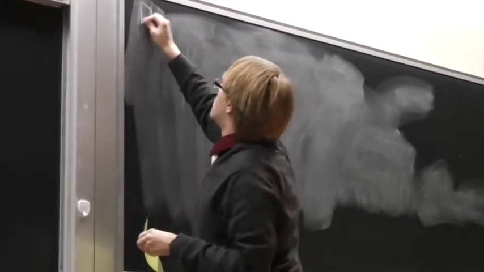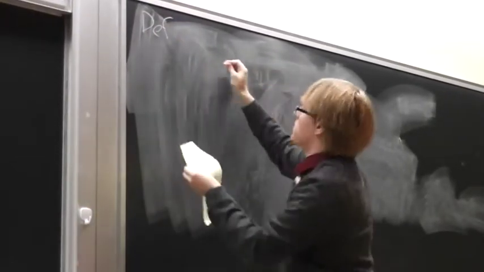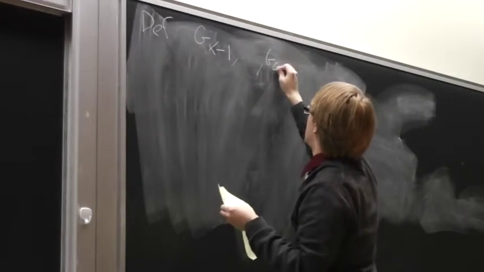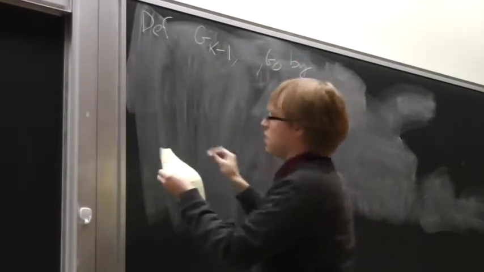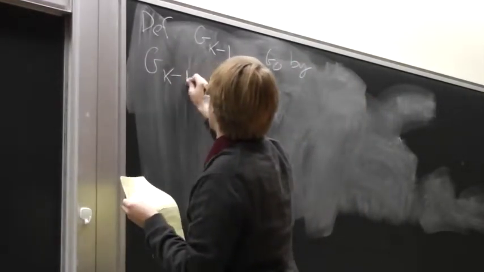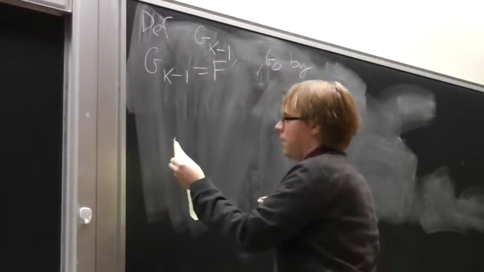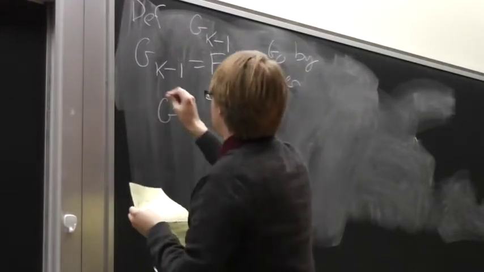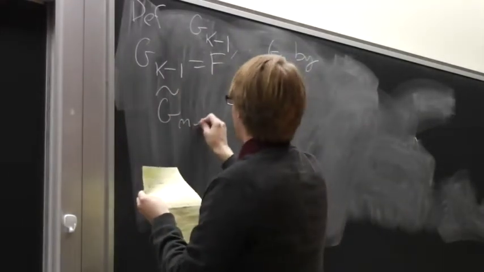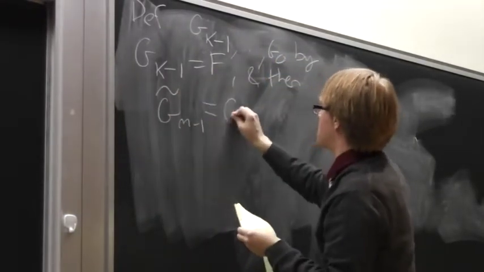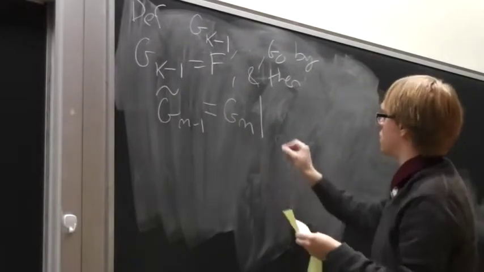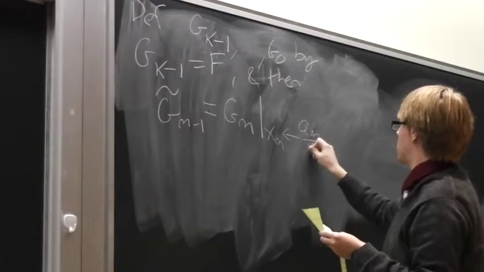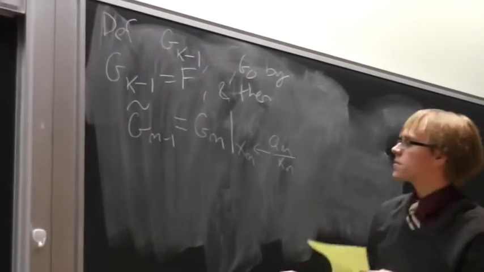Define a sequence of polynomials g sub k minus 1 down to g0 by: first, g sub k minus 1 is f, and then g sub m minus 1 tilde is you take g sub m and you replace x sub m by q sub m over x sub m.